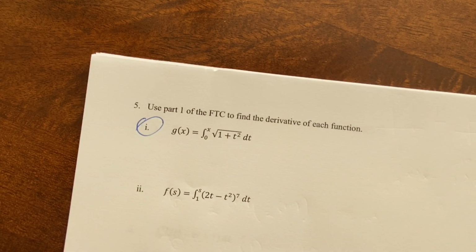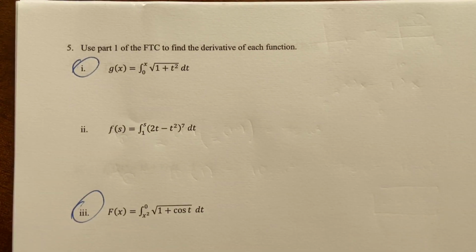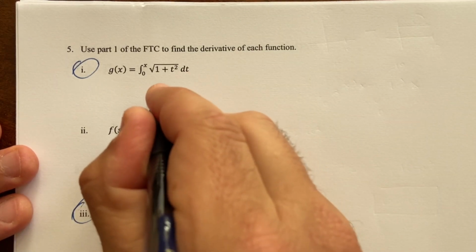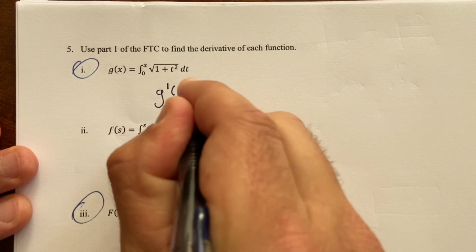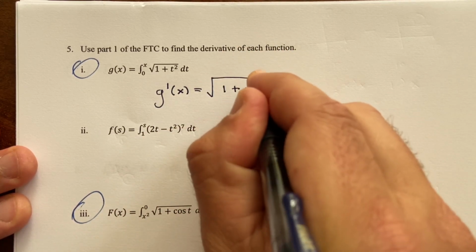It says use part 1 of the fundamental theorem of calculus to find the derivative of each function. So g prime of x will be the square root of 1 plus x squared.